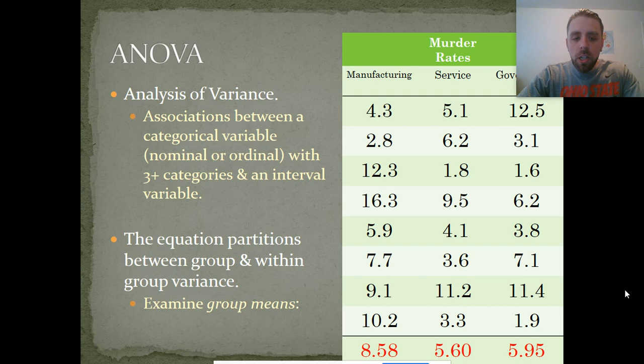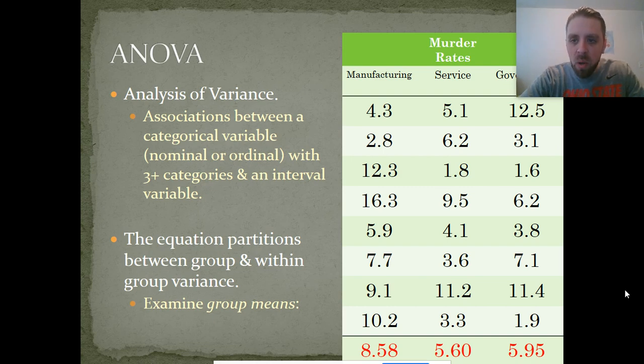Okay, so what I want you to do first is examine what's known as group means. I have a sample of 24 cities, and once I break that down by grouping variable, which is the type of city, the economic function of the city, I can see that the group mean for manufacturing cities is 8.58. I can see that the group mean for service sector cities is 5.6. And I can see that the group mean for governmental cities is 5.95.